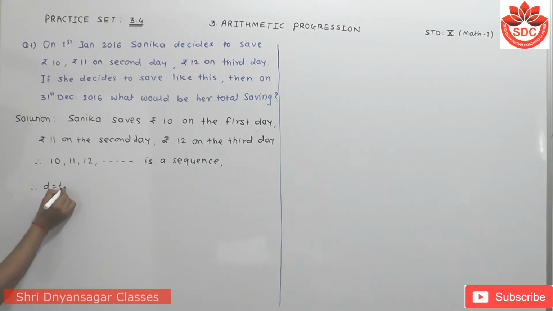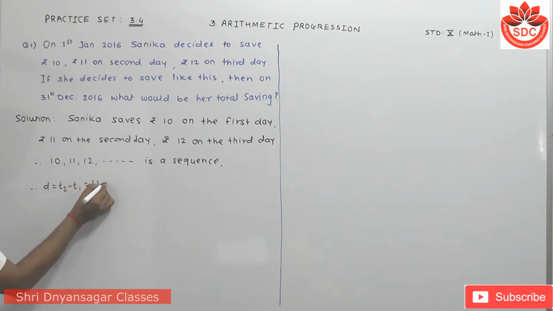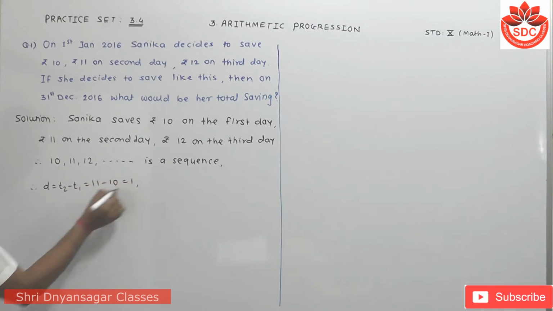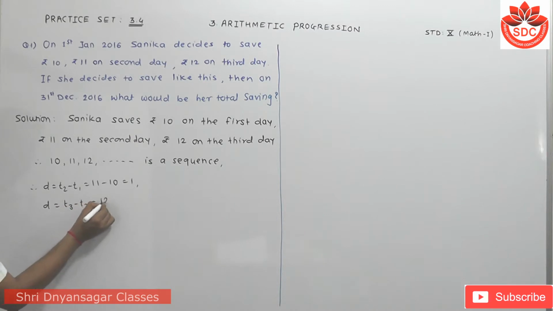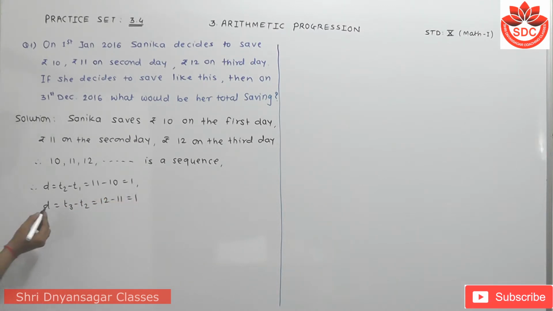d is equal to t2 minus t1, 11 minus 10 is equal to 1. Then again d is equal to t3 minus t2 is equal to 12 minus 11 is equal to 1. Therefore the common difference is constant.